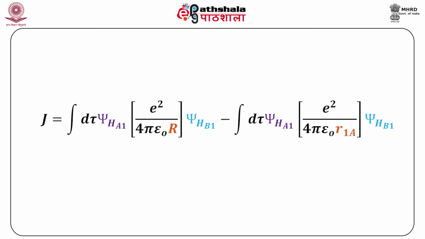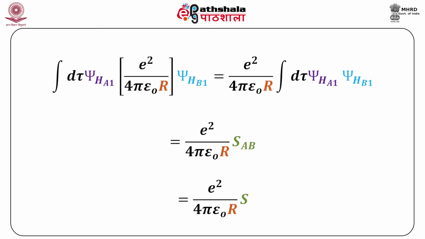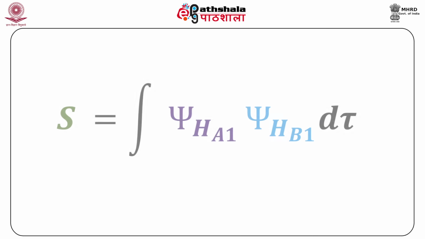If we simplify it and assume the internuclear distance to be constant, the first term reduces to e squared upon 4 pi epsilon 0 r into S. This S is the overlap integral, which is the integral d tau psi HA1 psi HB1.